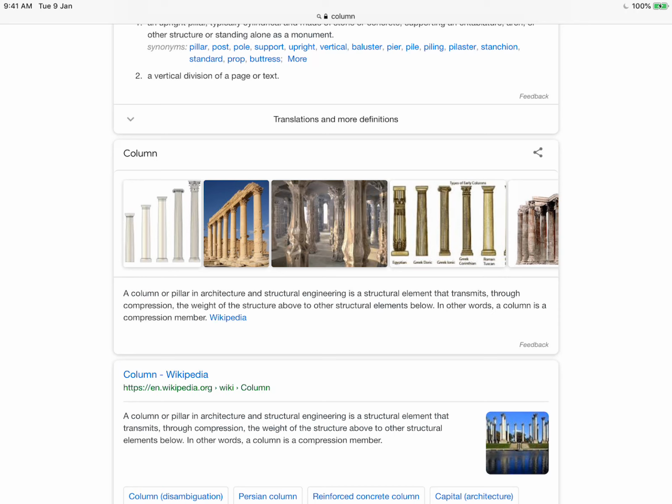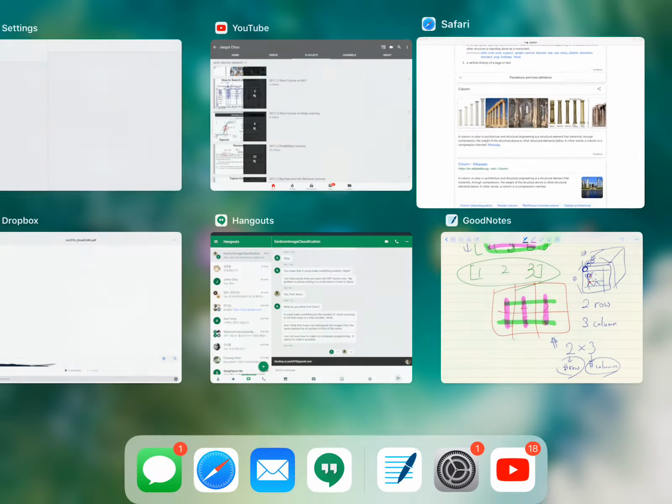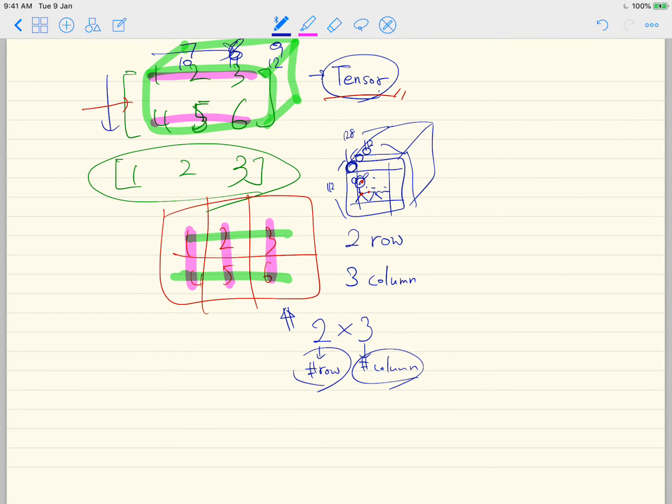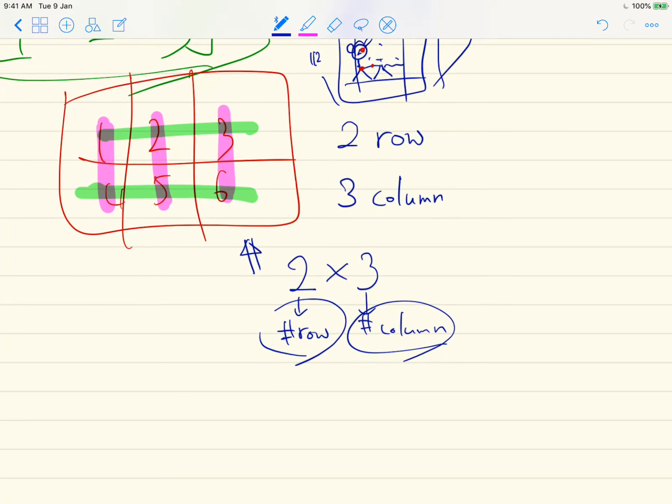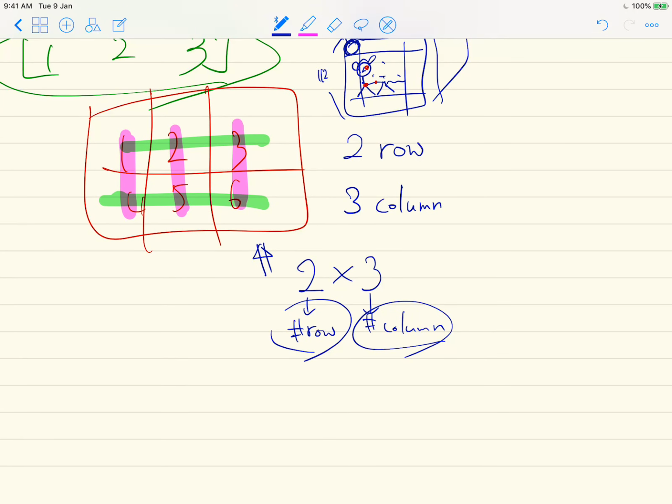So that way, a column is a vertical vector. Okay, but when talking about the size of a matrix, we always represent the number of rows first, and then the number of columns. Okay, so this is a 2 by 3 matrix. Okay.